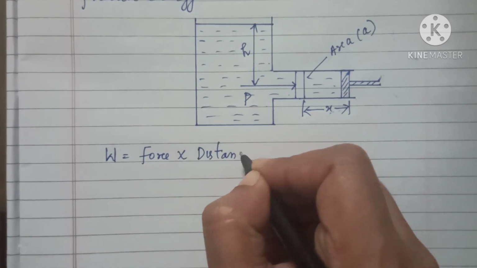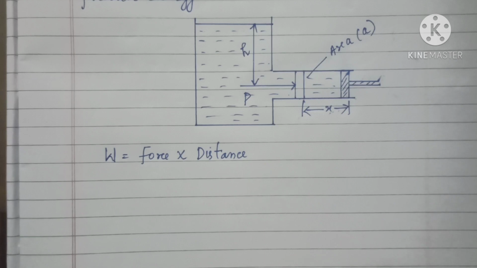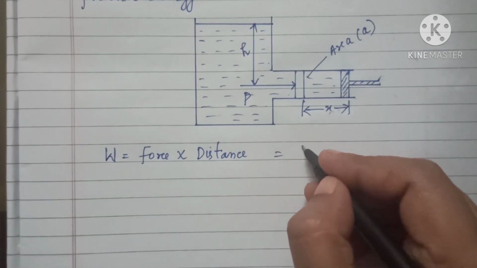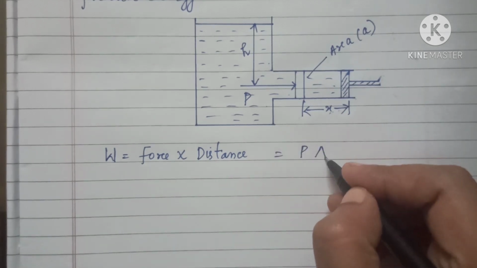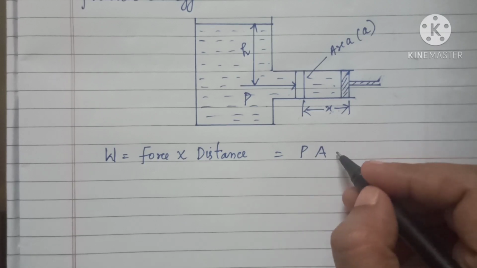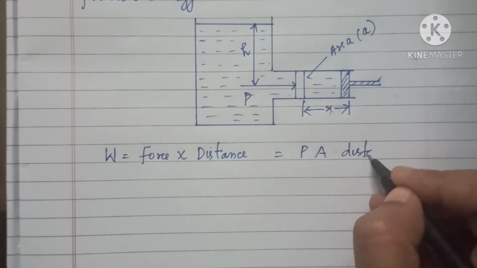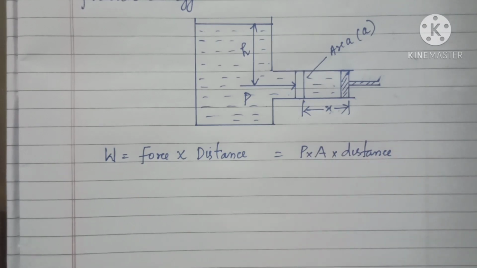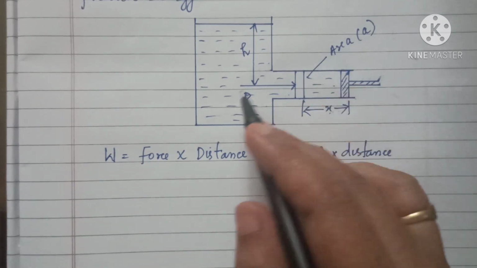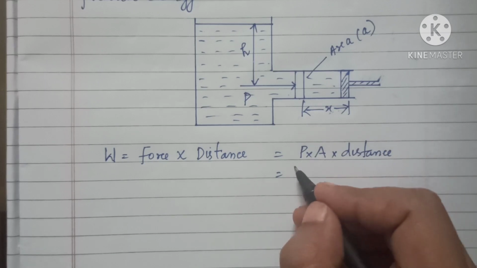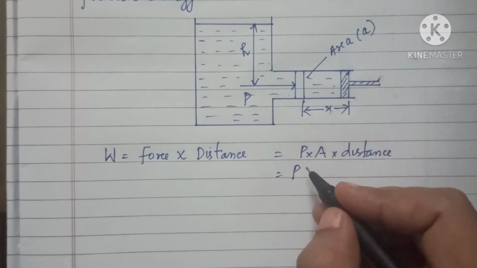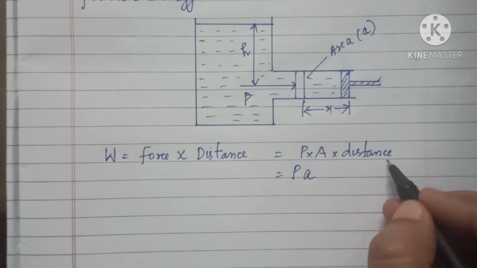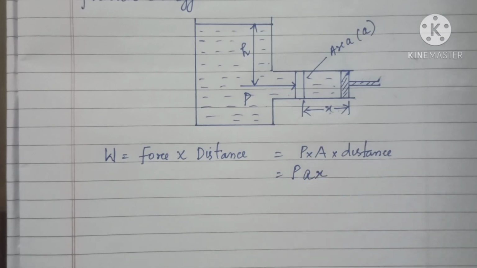Now what is force in terms of pressure? It is P into A. Pressure into area into distance. Now in this figure, P is the pressure, area is A, and what is distance? It is x.